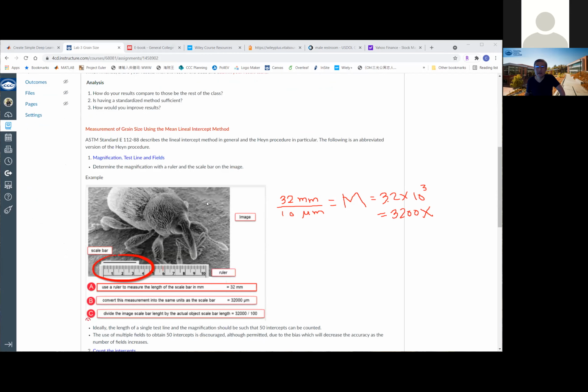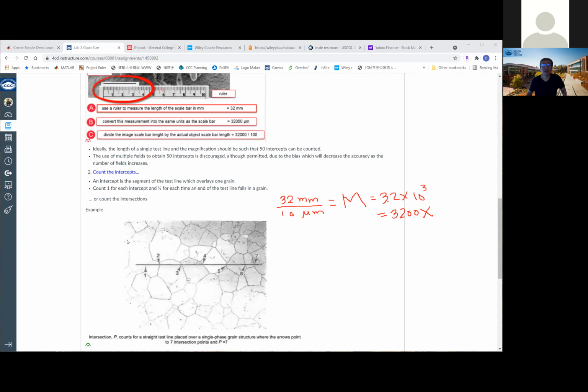If you see a sample like this, you're going to draw a line. You draw a line like this one here, and the length of this line will represent one line length. But you are going to draw several of them: 1, 2, 3, 5, etc. And we want you to draw them randomly.